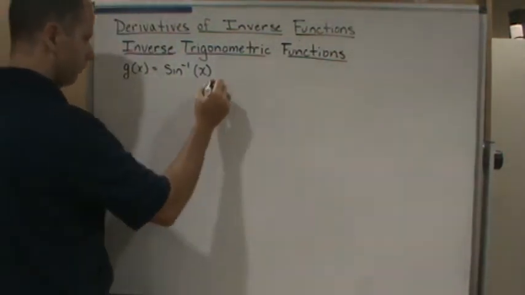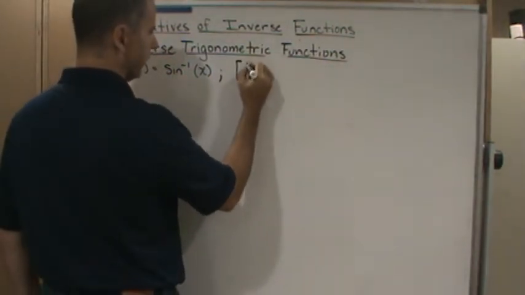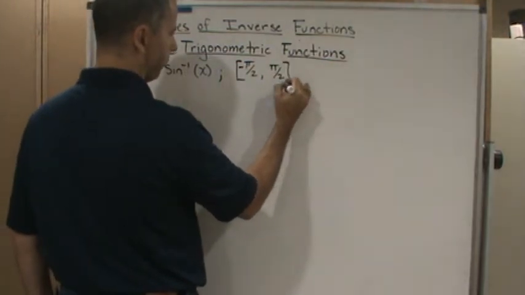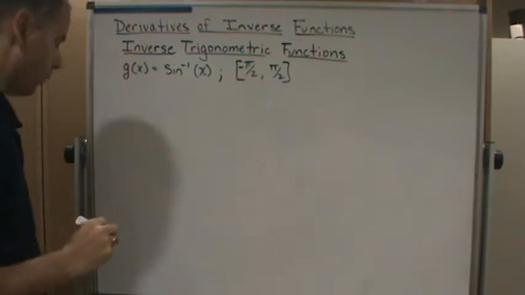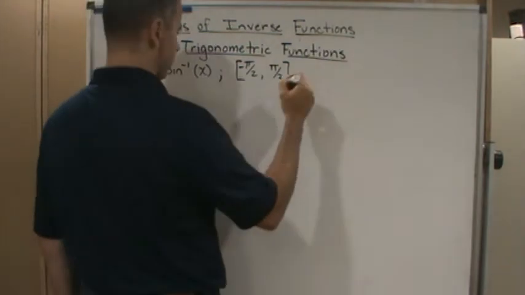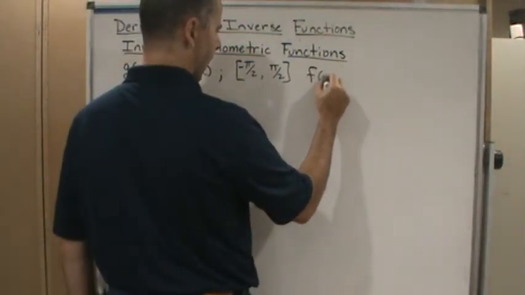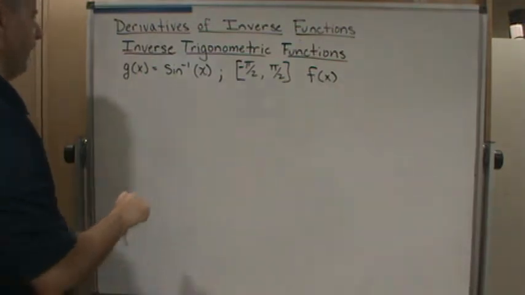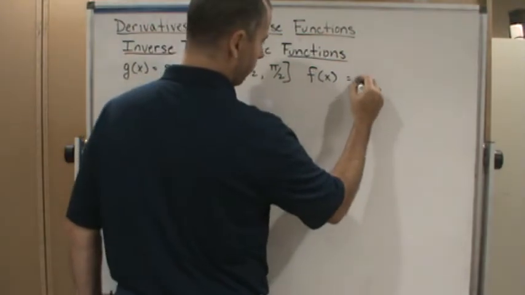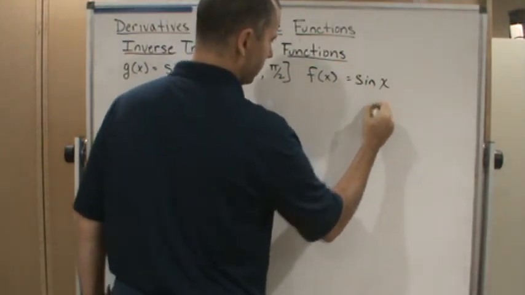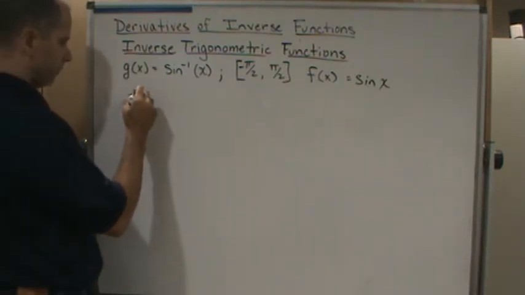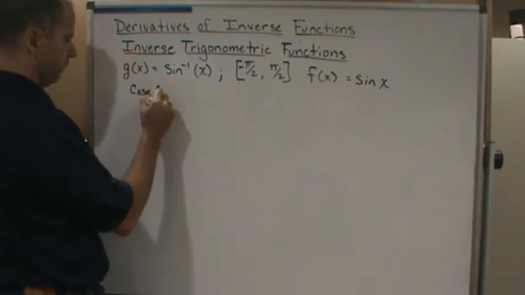Okay, so now what we're going to do is consider the interval from negative pi over 2 to pi over 2. Over that interval, f of x is sine, and the inverse of sine inverse is sine. So that should make sense. Let's call this case 1.